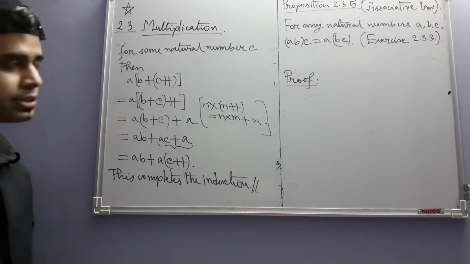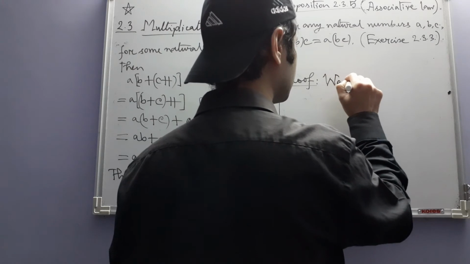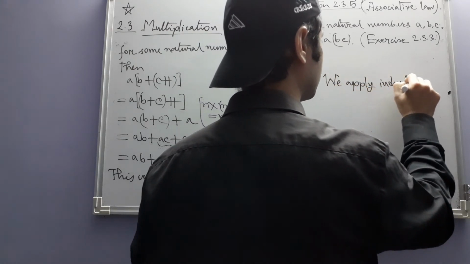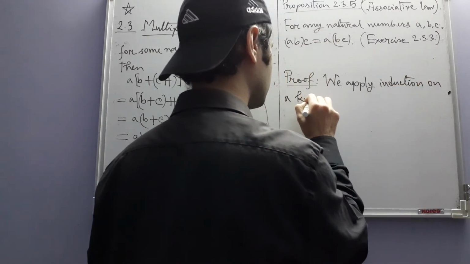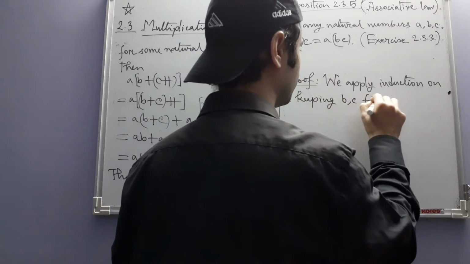So multiplication is associative. So we apply induction on A, keeping B and C fixed.